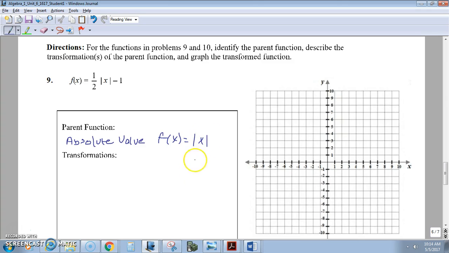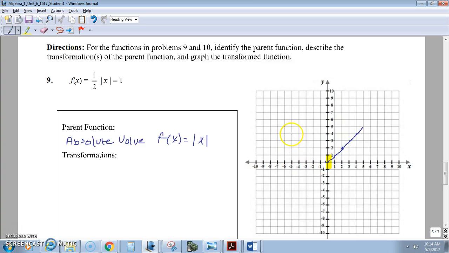Either one of those things is correct. And the parent function is just going to look like just a straight up V on each side, right? So it's starting there, a slope of +1 on each side. That's the parent function. You did not have to draw the parent function.